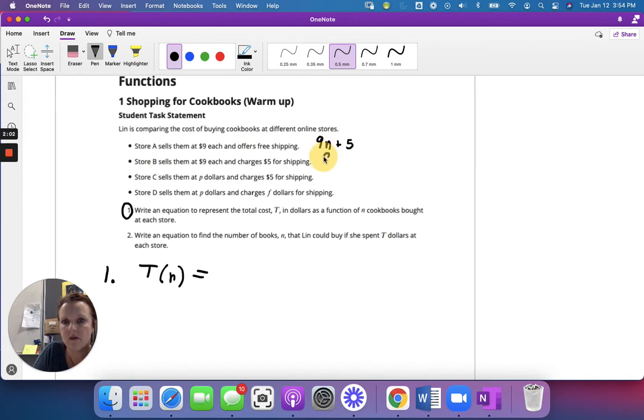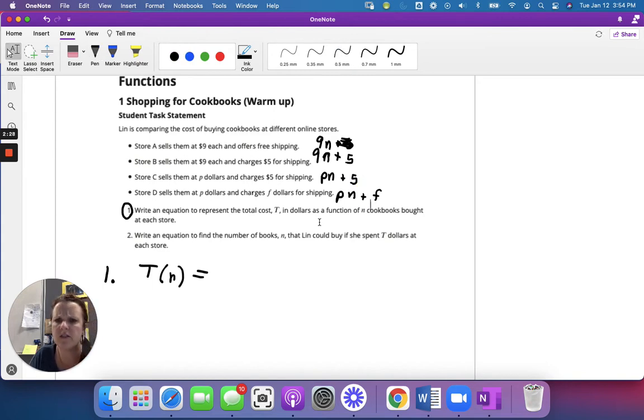Oh no, free shipping. That first store was just $9 per cookbook. Now we have $9 per cookbook plus $5 for shipping. Here we have P dollars for a cookbook plus $5 for shipping. And here we have P dollars for a cookbook and F dollars for shipping.